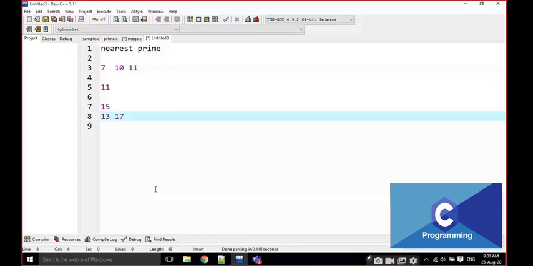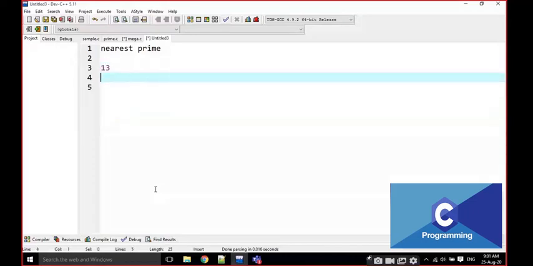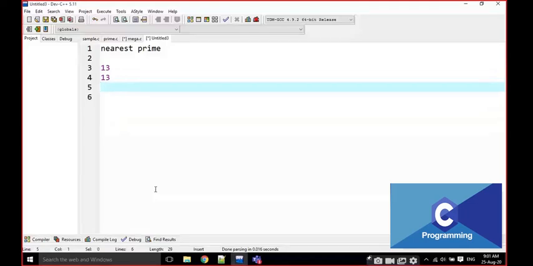Nearest prime, we have to print the nearest prime of the number. If I am giving the number n, if the number is a prime, for example, I am giving 13, then we have to print nothing else. That number is enough. We have to print that number.